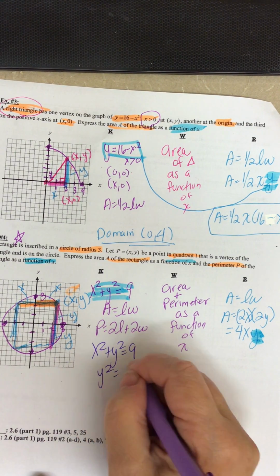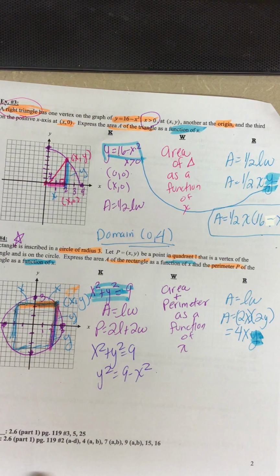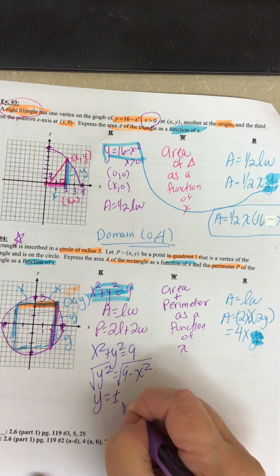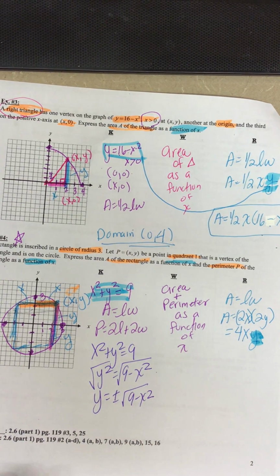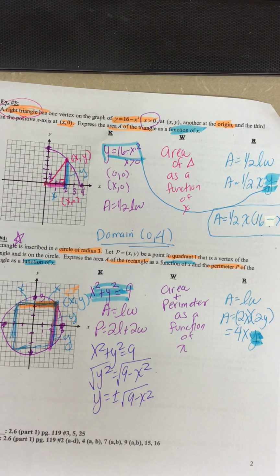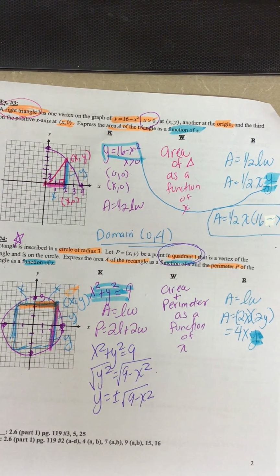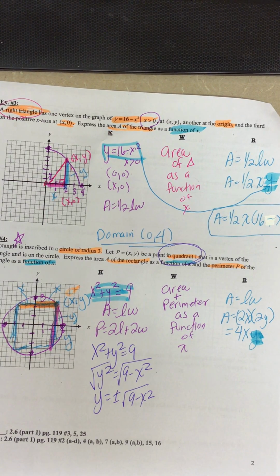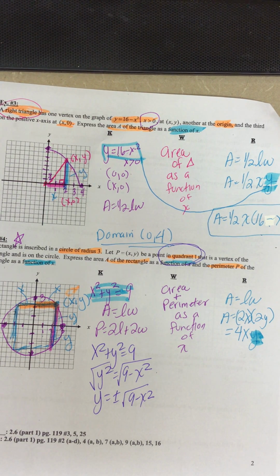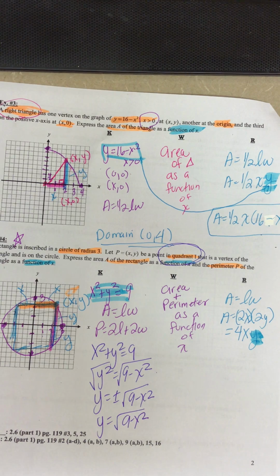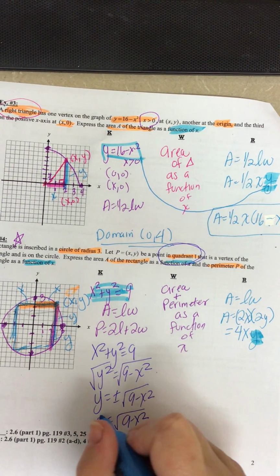So subtracting the x squared from both sides, I'd get that. I'd square root both sides, so I get plus or minus this. And now you have to decide, is it plus or is it minus? And this is why they had to tell you that it was in quadrant 1. If the point xy is in quadrant 1, the x's and the y's are both positive, meaning I'm only going to look at the positive square root of 9 minus x squared, not the negative, because my point is in quadrant 1.